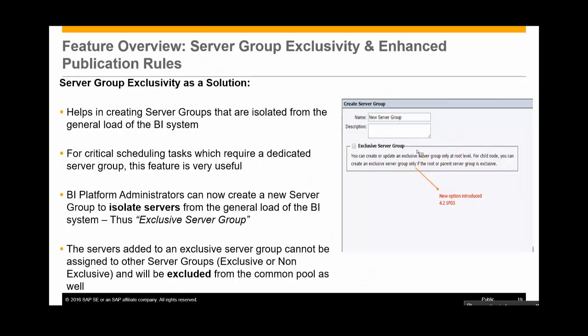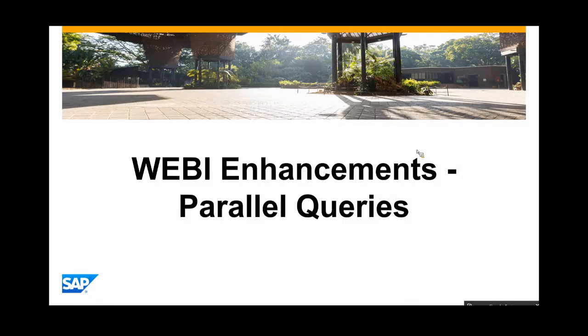You can create a server group which is exclusive, add servers to that group, remove servers, and also mark an exclusive server group non-exclusive. So these are some of the things that a BI platform administrator can do, which will be of great advantage in case of critical workflows where documents have to reach some users on priority.